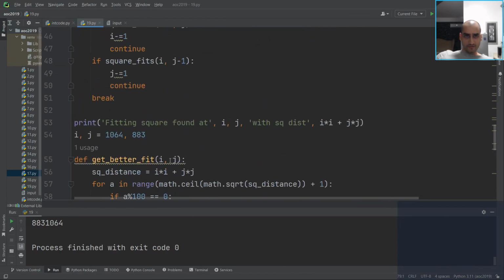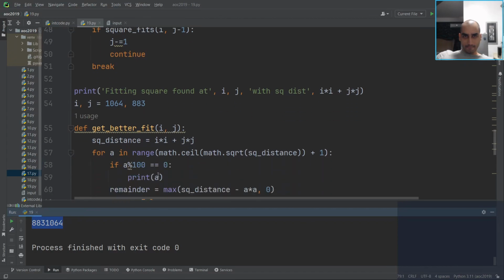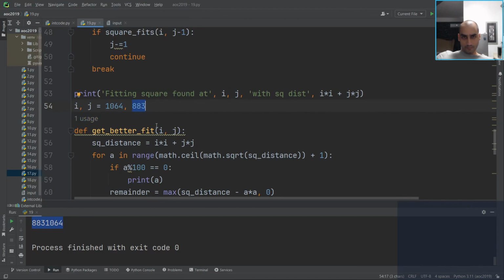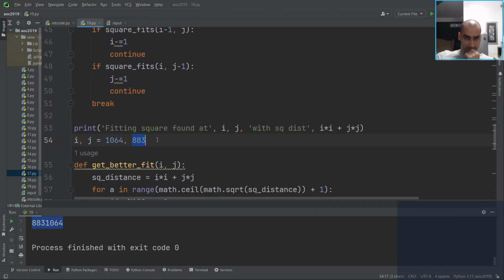So what have we found so far? We found that for this row, this column, so that's the y value, that's the x value, we've confirmed that that square fits.